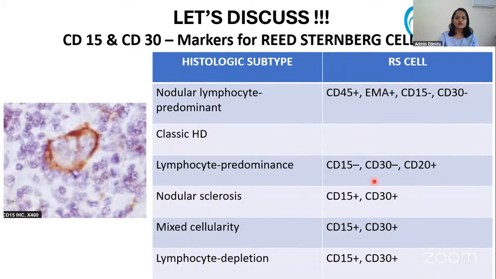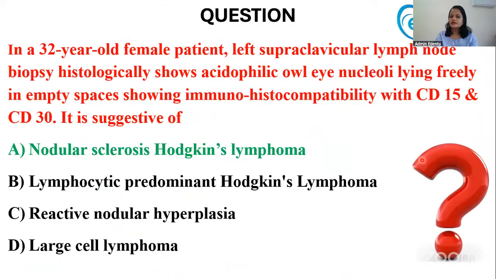In such cases where it is negative, you can use another marker for identification, which is CD20 positive. The question specifically said outlined nuclei and empty spaces will be seen. That shows the lacunar cells, which are seen in the nodular sclerosis type.